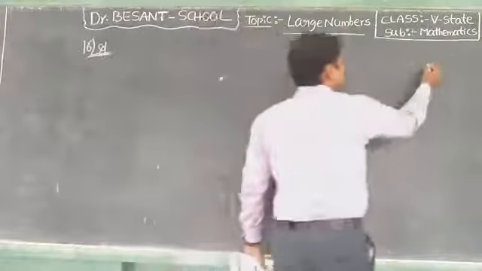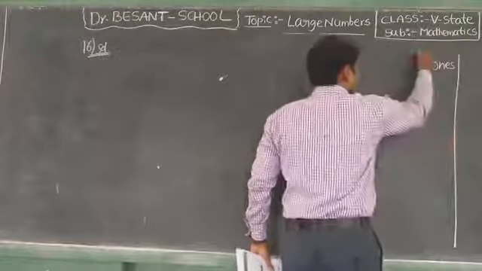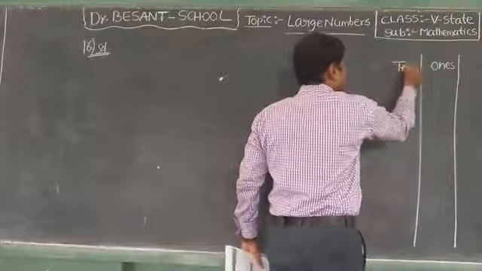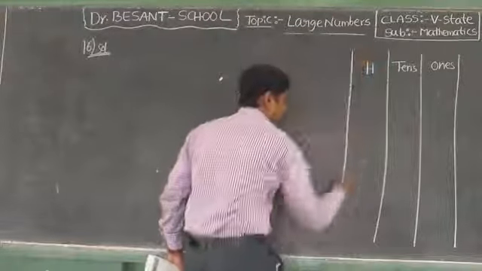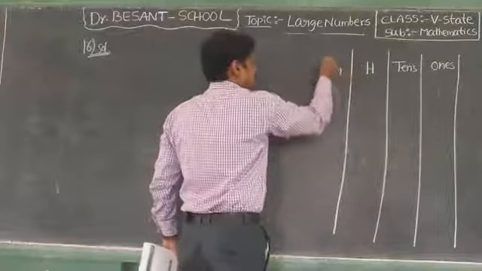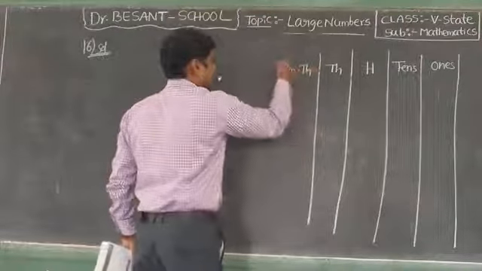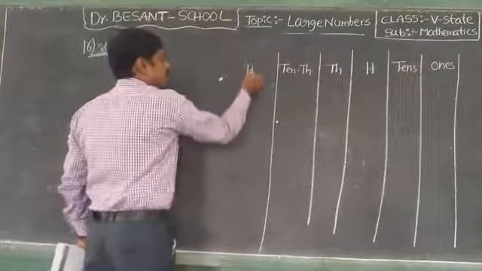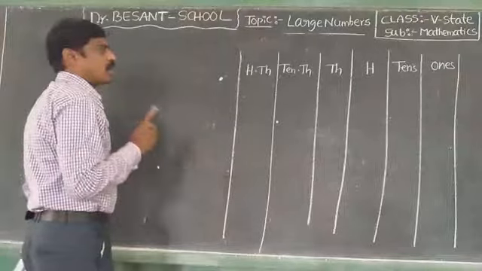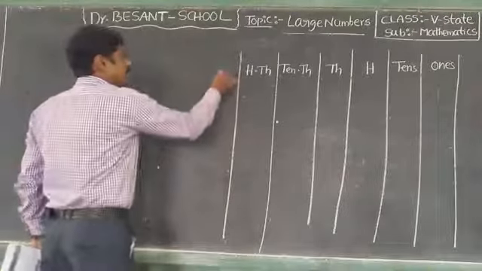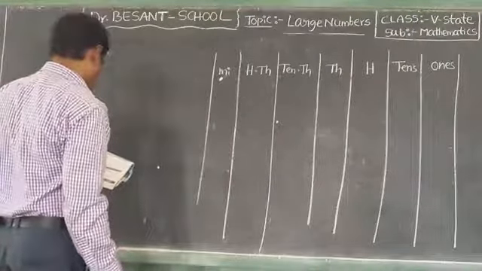So ones, tens, hundreds, thousands, 10,000, 100,000, 1 to 10 to 100, 1,000, 10,000, 100,000, million. Okay, next 10 million.